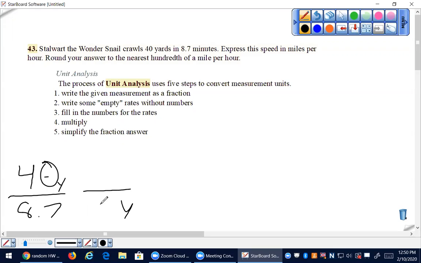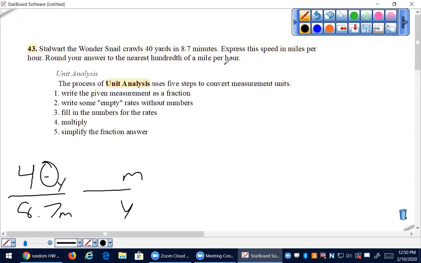So that becomes 40 yards. And then this one is minutes. So minutes go up here. 60 seconds. It says minutes. It says 40 yards in 8.7 minutes.